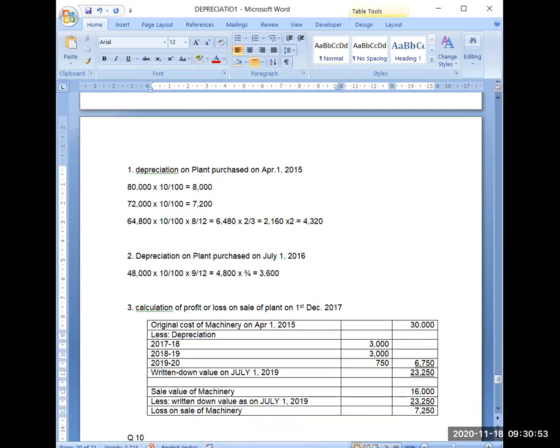Original cost of plant on April 1st, 2015, it was 80,000. Then the depreciation charged in 2015-16, then in 2016-17 and 2017-18.